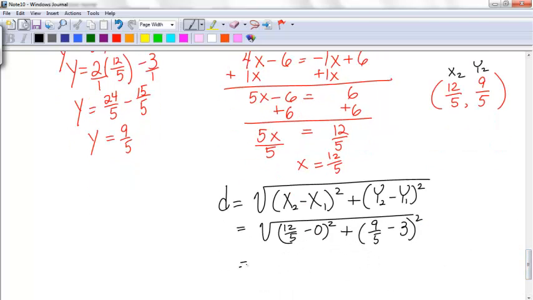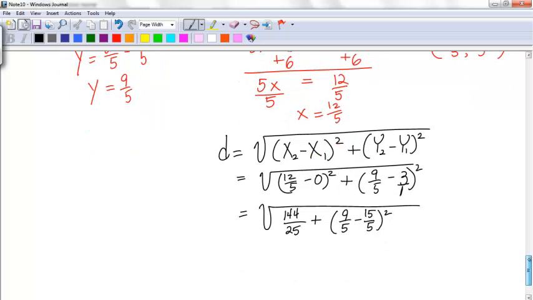Then I've got to simplify that. 12/5 squared. What's 12 squared? 144. 5 squared? 25. Plus, now this is like 3 over 1. 3 is how many fifths? 15. All I'm doing is multiplying this 1 by 5 and multiplying the top by 5. You've got to multiply both of these by 5.